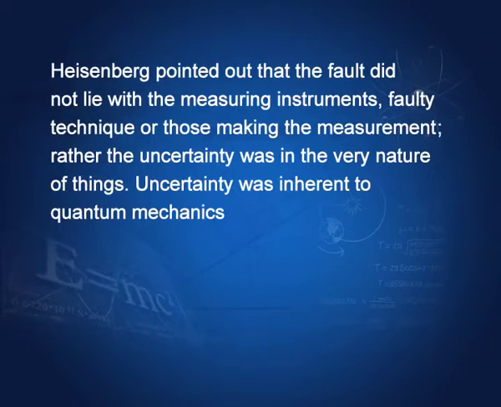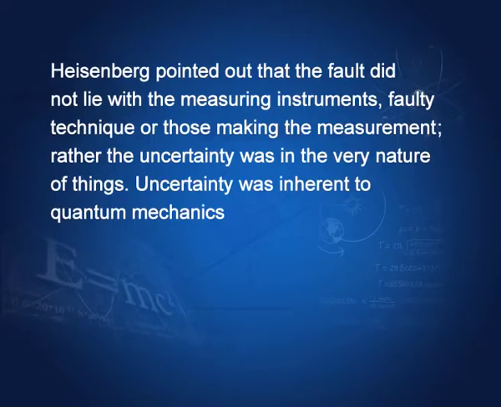And during this work, he discovered that the momentum and position of a particle cannot be known precisely at the same time. That is, if you know the position of the particle precisely, with very little uncertainty, then its momentum is highly uncertain.